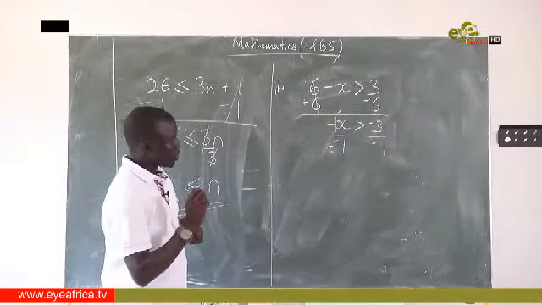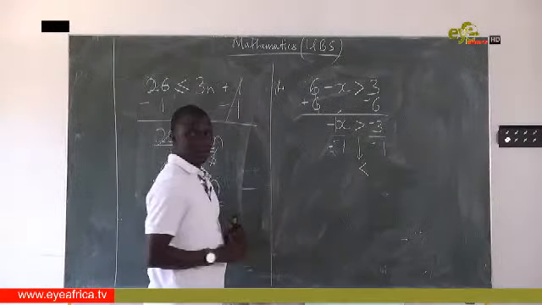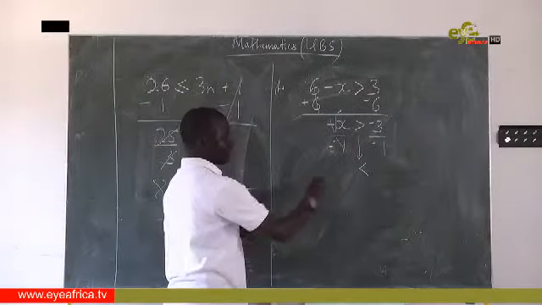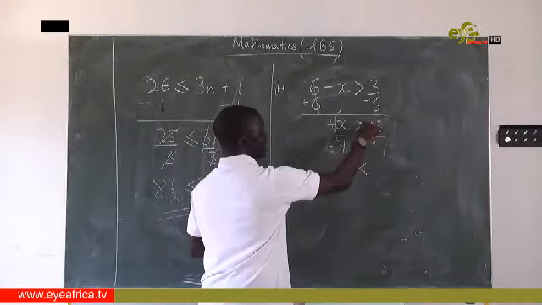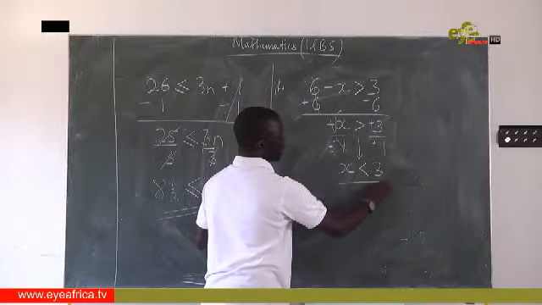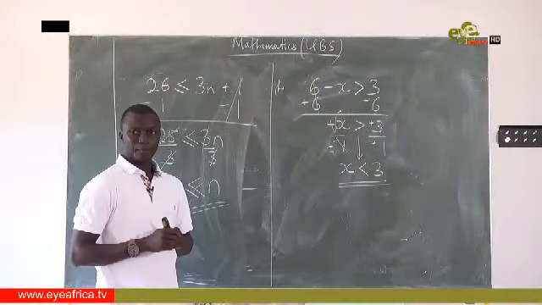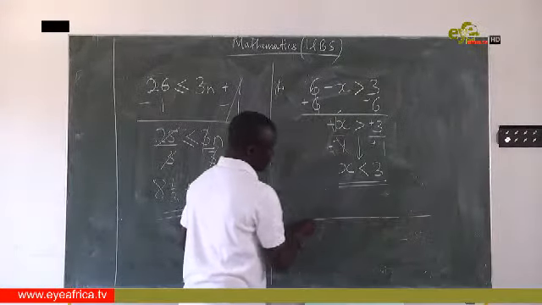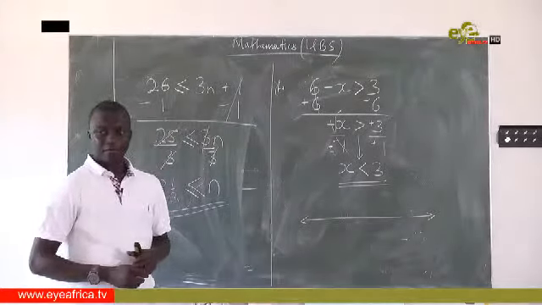In dividing both sides by negative 1, first, the direction of our sign will change to its opposite. And negative cancels negative here, so we have only x. Then this negative will cancel this negative, so our answer will be positive 3. So we have x is less than 3. That's the solution.